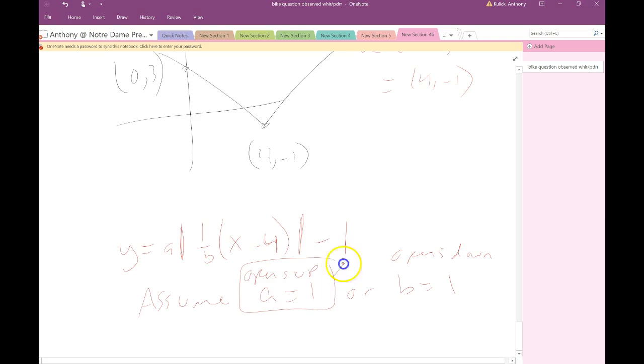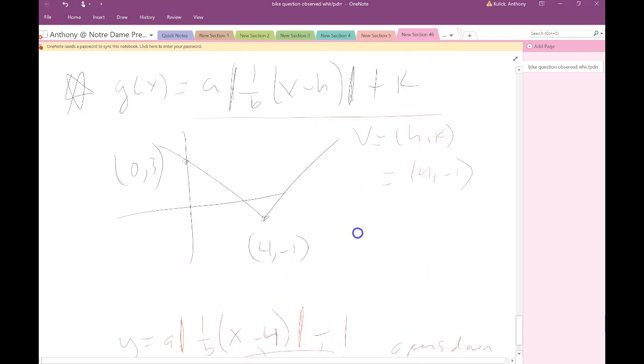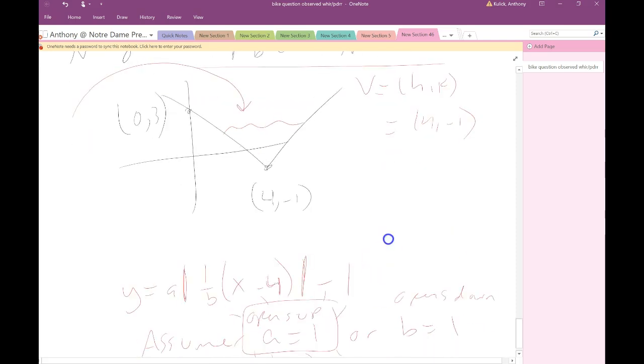This is the situation we're in, because our graph is opening up. When we say open up, it means if you poured water in here, it would hold it, rather than opening down, where if we poured water on here, it would run off. Everybody okay with that idea?